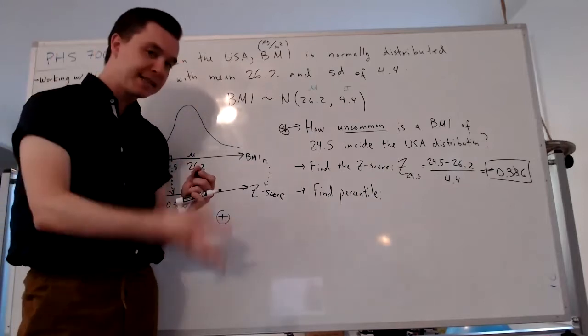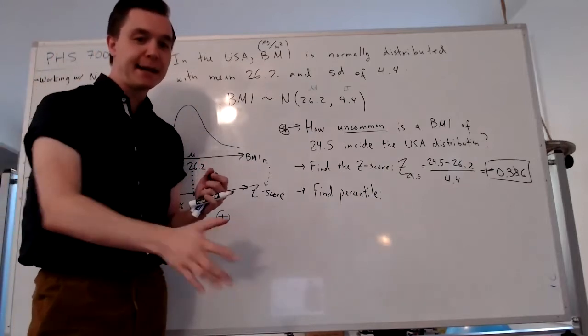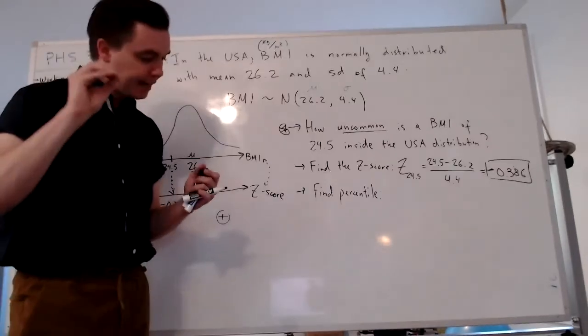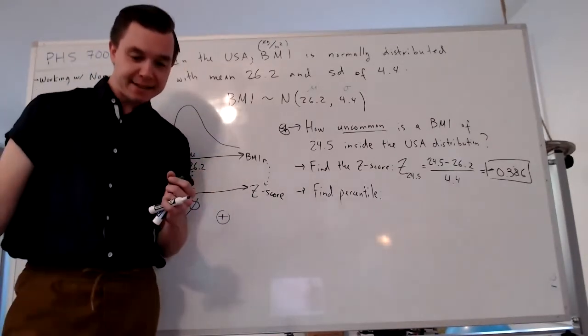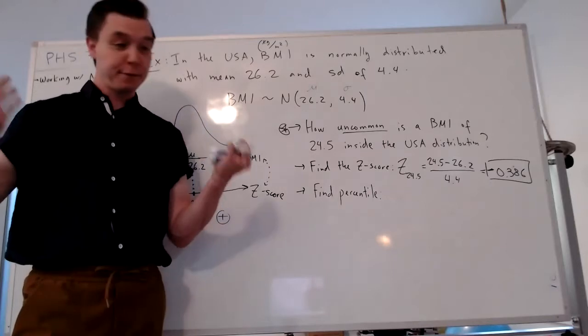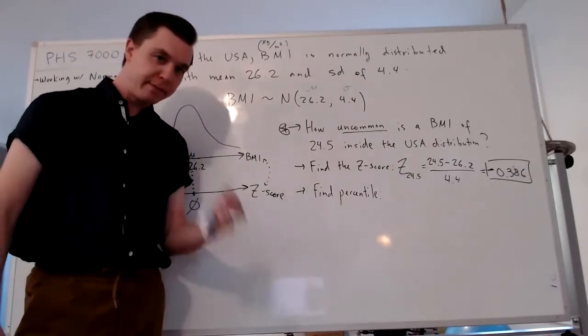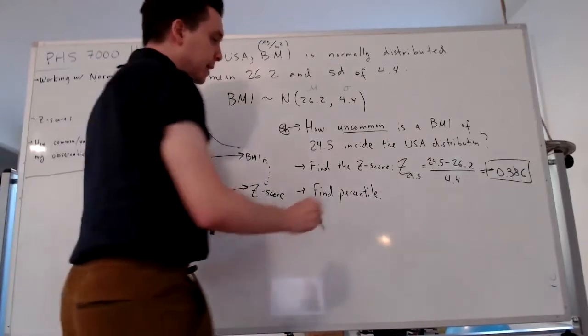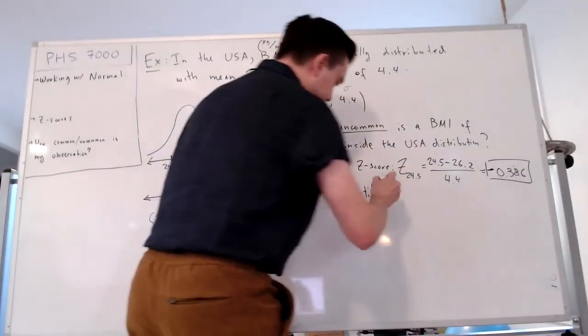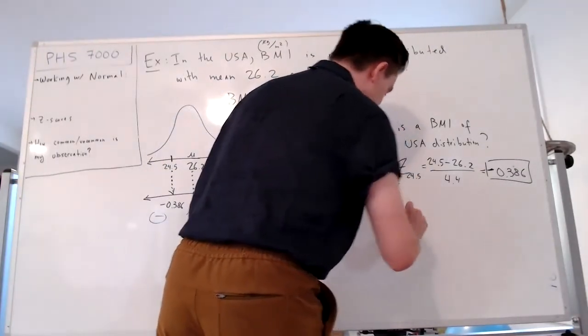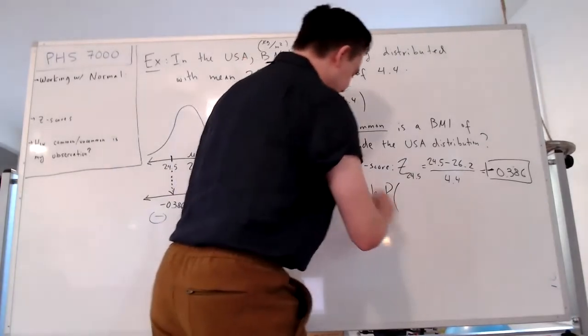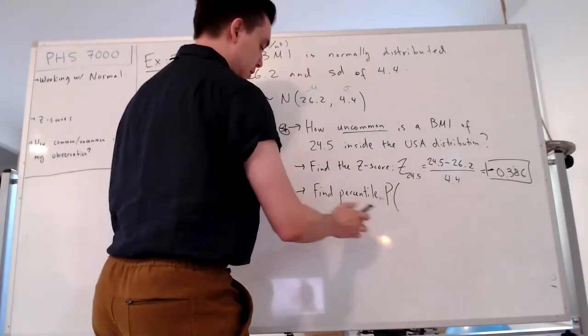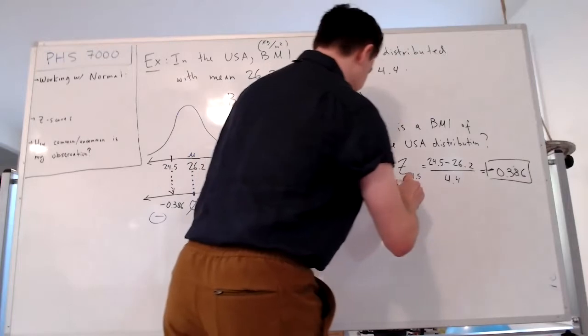So when we're thinking about a test, you want to be in the 99th percentile because you want to be better than 99% of the class, right? You don't want to be in the 5th percentile because then you will only be better than 5% of the class. Hopefully no one's going to be in the 5th percentile. No, that'll be tough. Find the percentile.